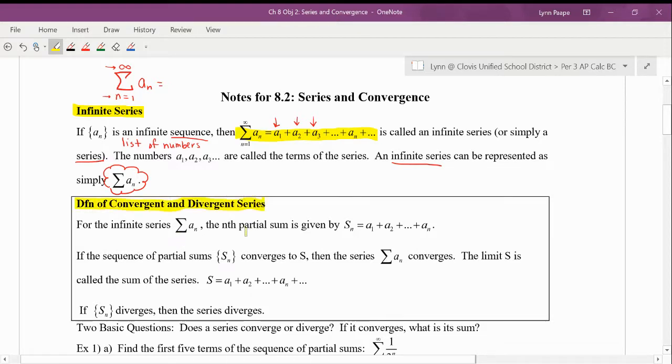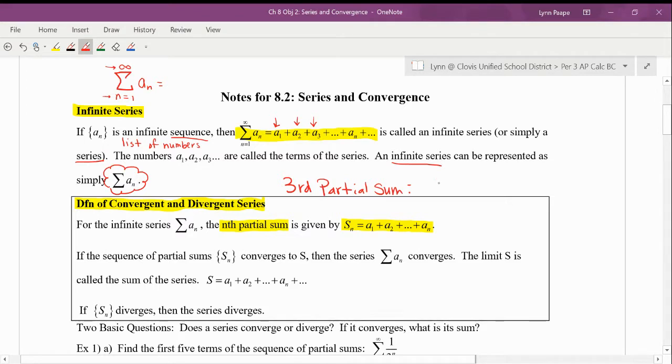So if we have an infinite series, we have to first define what we call the nth partial sum. So that definition is this part right here. Sn is equal to a1 plus a2, so on and so forth. So what does that even mean? Remember that it's an infinite series. If I ask you to add up all the numbers of the infinite series, you're going to be there for a while. But if I ask you to find me the third partial sum, then we're all going to do a little happy dance, because what does that mean?